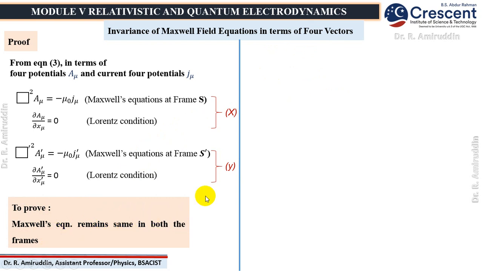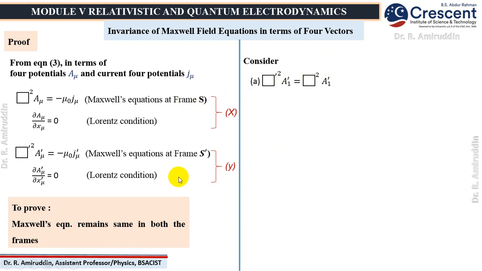So let's take the left hand side of the equation, box prime square A mu prime is equal to minus mu naught J mu prime. Let us take the first term in the left hand side. So we take box prime square a1 prime, that is equal to box square a1 prime, because the del element operator remains the same irrespective of the frame.